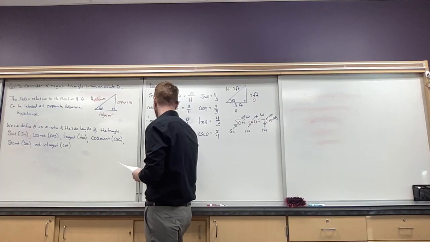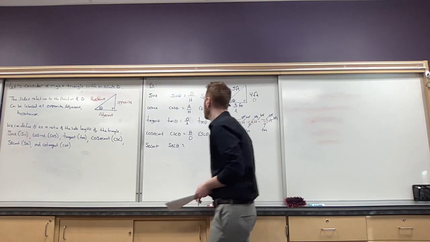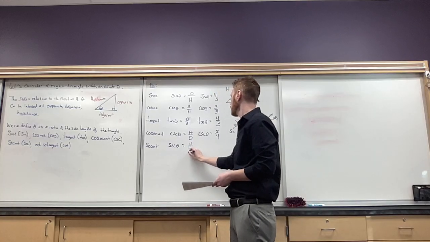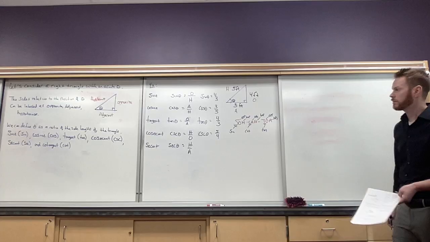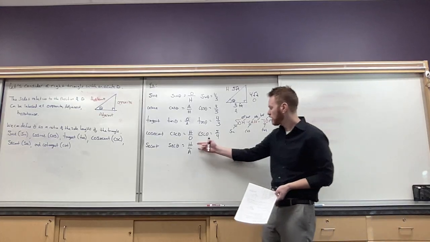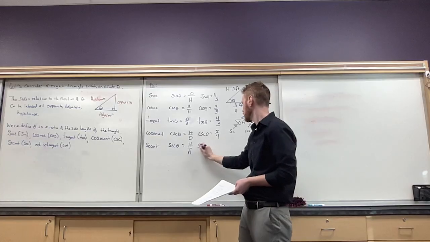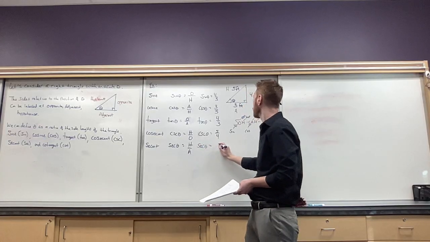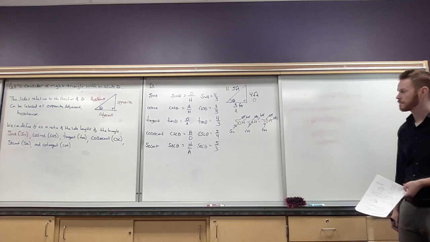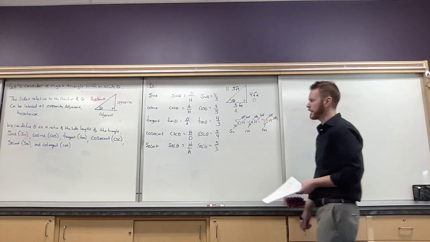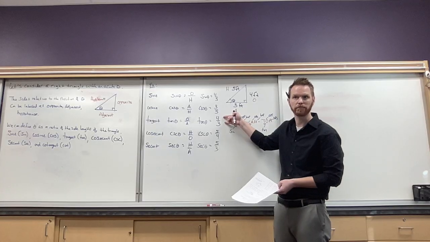Next we've got secant, SEC. That's going to be your hypotenuse over your adjacent side. If you go back to the other three, that looks like cosine. They just flip the two sides. So secant of theta for this triangle would be 5 over 3. If you look at the pattern, if we're just flipping these, cotangent has to be tangent flipped.